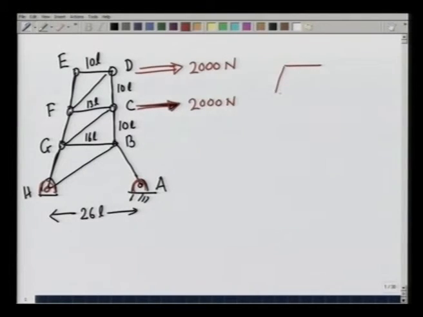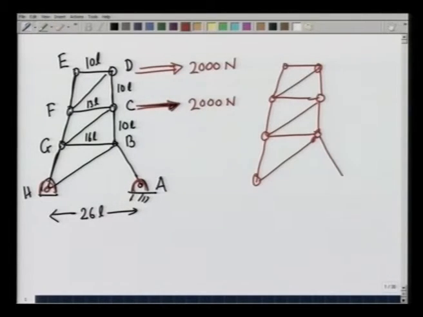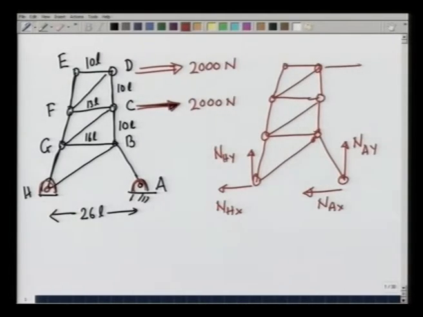If I take this structure, then there is a vertical force here, let us call it N A y, and in anticipation I am already assuming N A x is going to be to the left. Similarly, N H x is going to be to the left, and N H y.